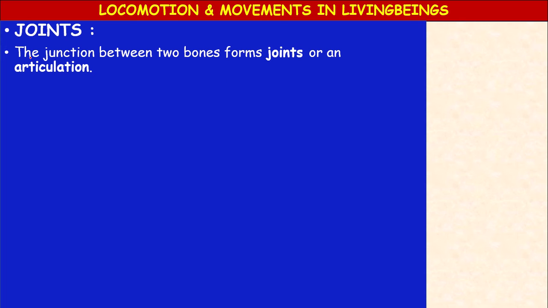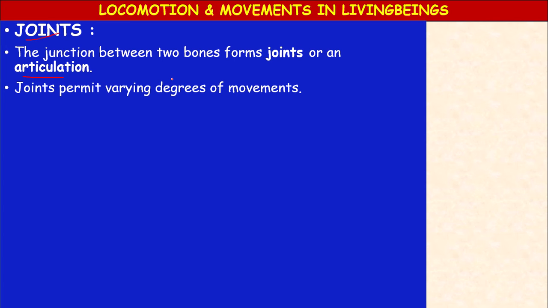So, we can define a joint as the junction between the two bones, which is also called an articulation. A joint is a connection between the two bones, in simple words.